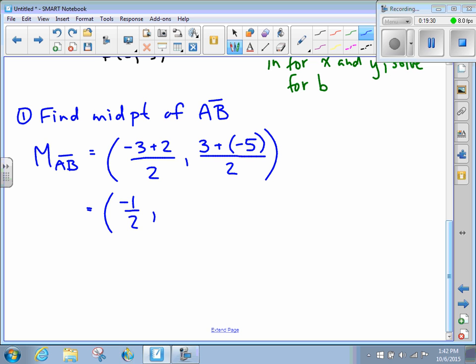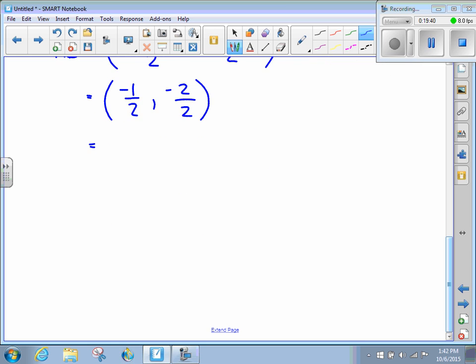And then 3 plus negative 5 is negative 2 over 2. So our midpoint is negative 1/2, negative 1. All right. Ugly. You don't have to graph it, so I'm not going to change it to a decimal.